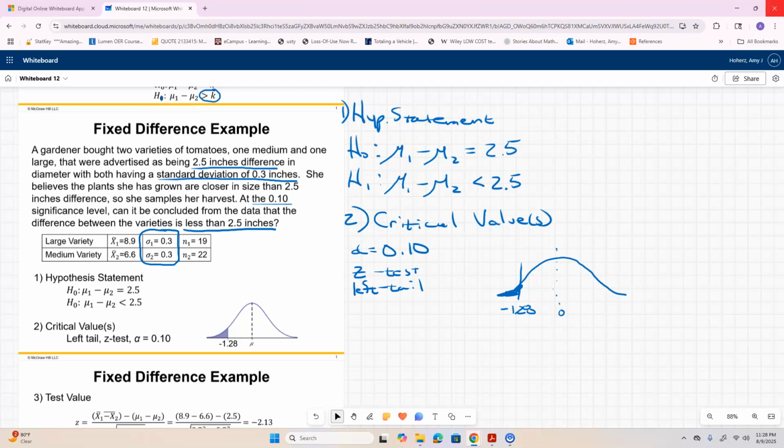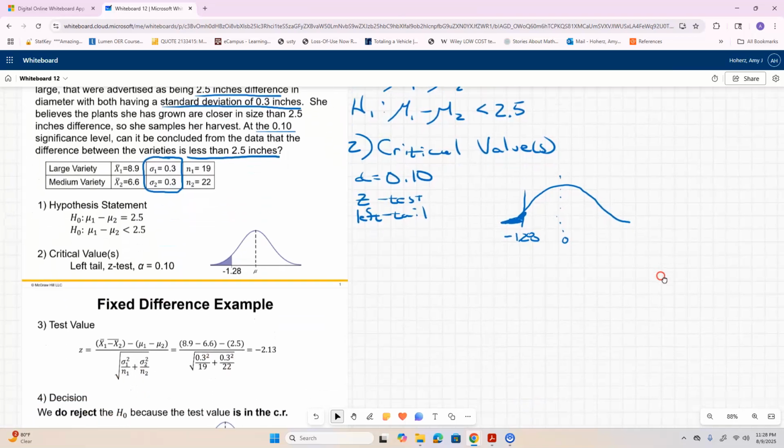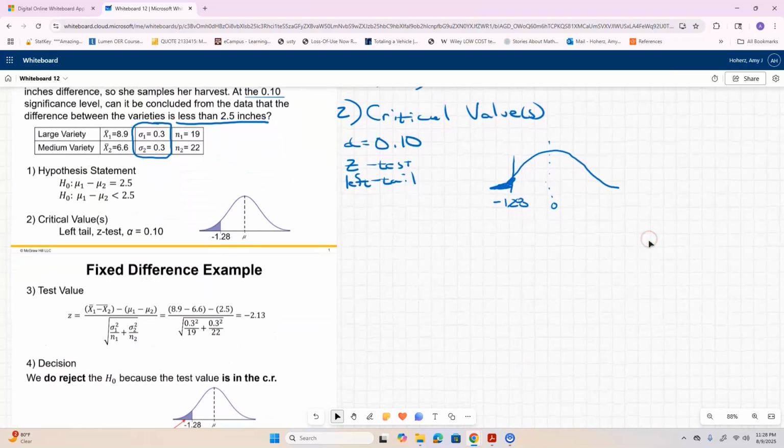So now we're ready for our formula. And really the only difference in doing the formula with these fixed difference problems is our difference is not going to be 0. We're going to have a fixed difference. So our x bar 1 and our x bar 2 are 8.9 and 6.6. 8.9 minus 6.6.